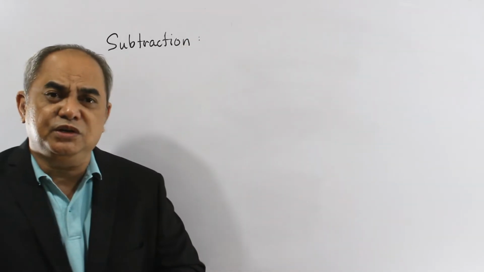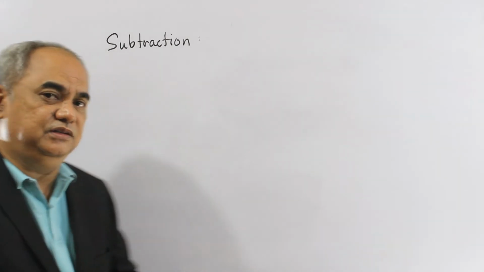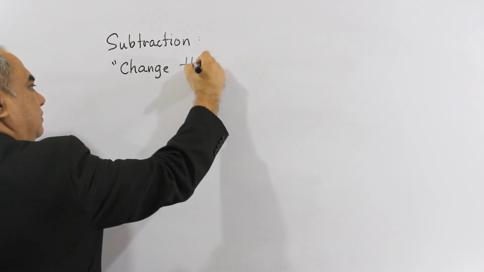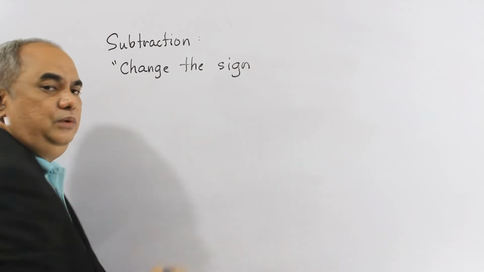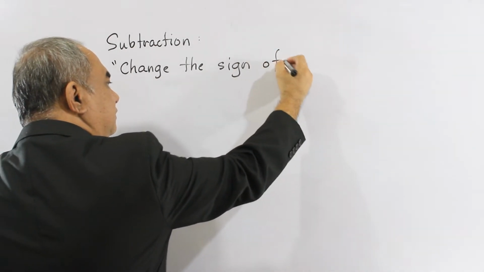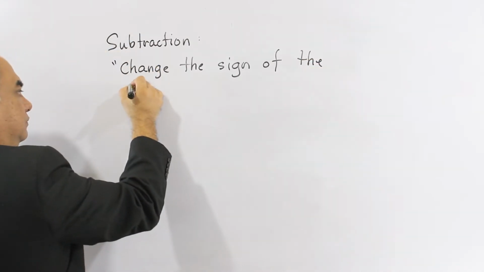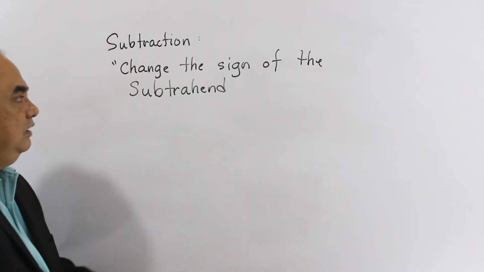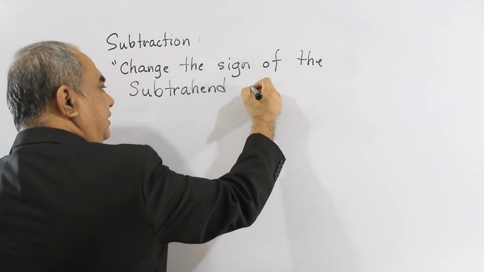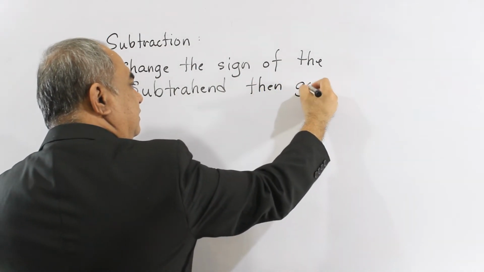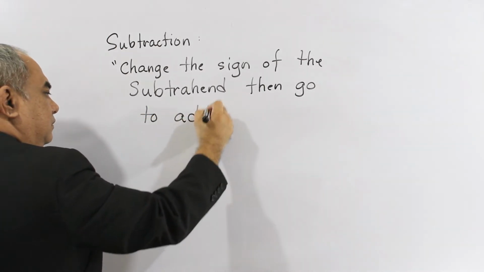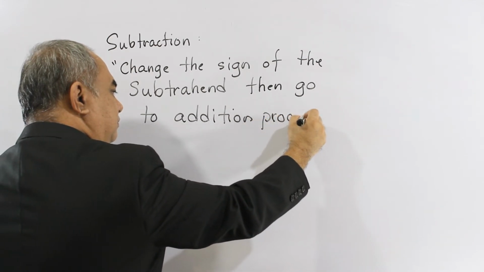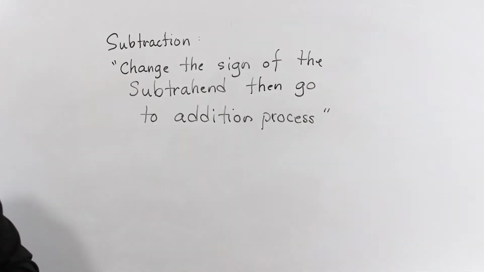Actually, there's only one rule in subtraction of integers, and that is we need to change the sign of the subtrahend, then go to the addition process.